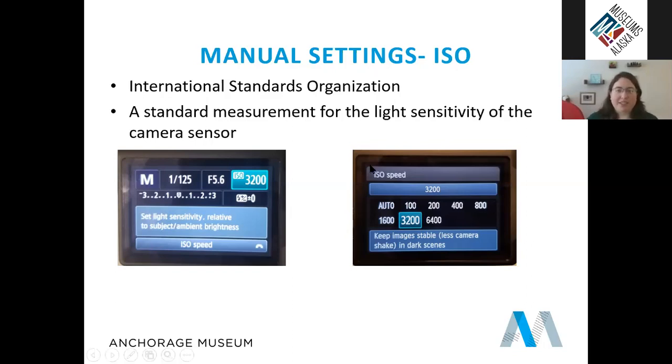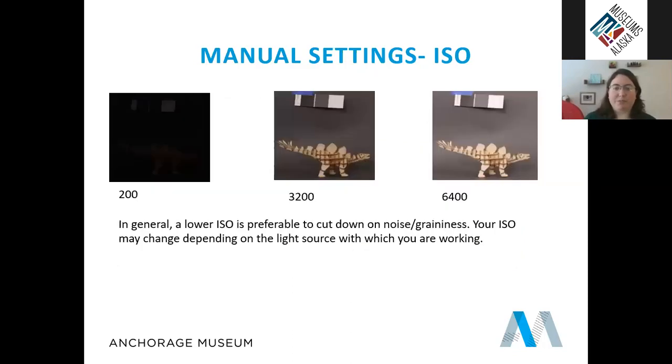It measures the sensitivity of the camera sensor. You'll see it represented as ISO here, and you click in, there's a range. I'm sure your cameras have ranges. Generally a lower ISO is better because it cuts down on the noise and the graininess.